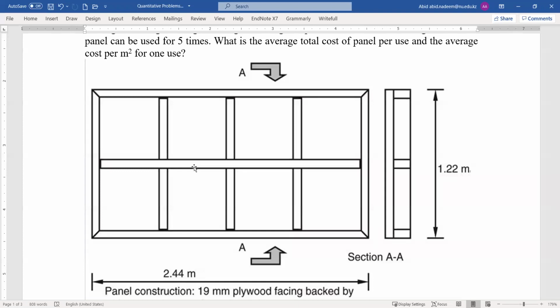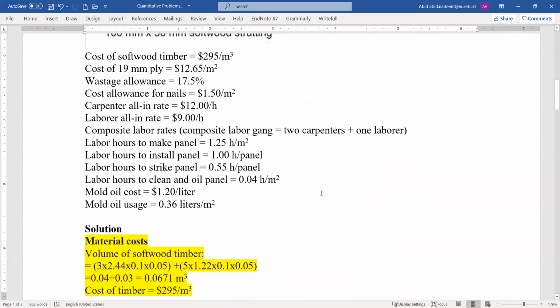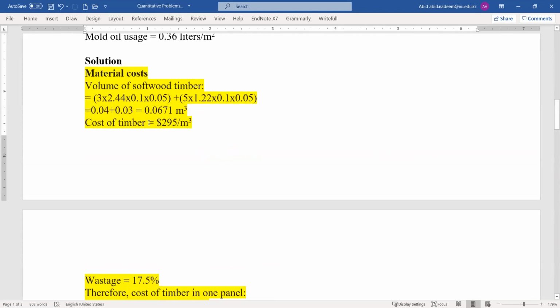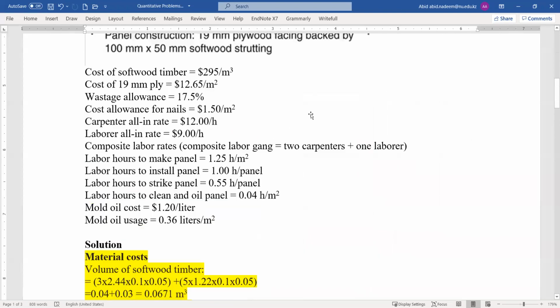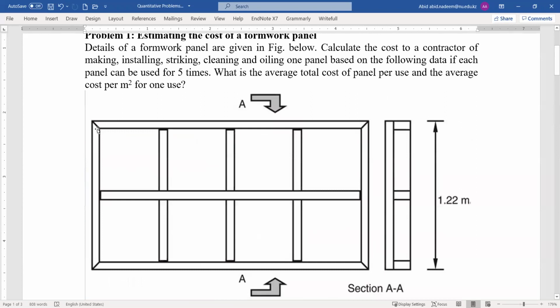However, for more accuracy, we can make these adjustments, and then the calculated quantity will be slightly less than this amount, 0.0671. So generally speaking, for more accurate calculations, we can calculate the full amounts, and then subtract some of these deductions.